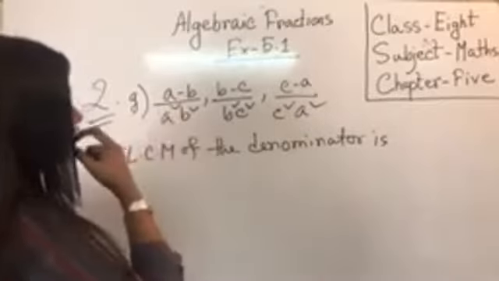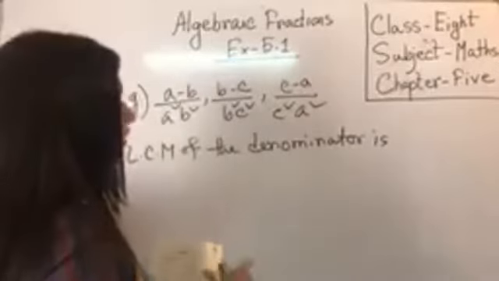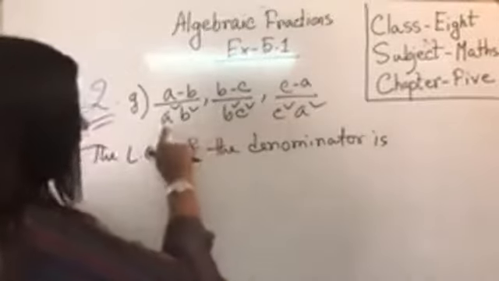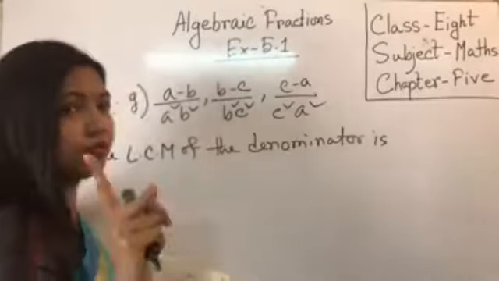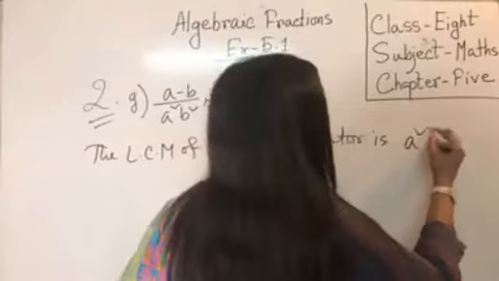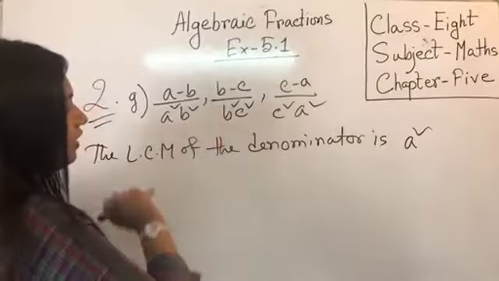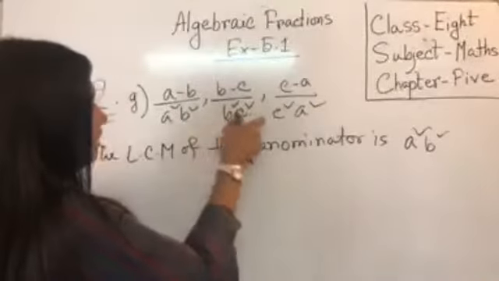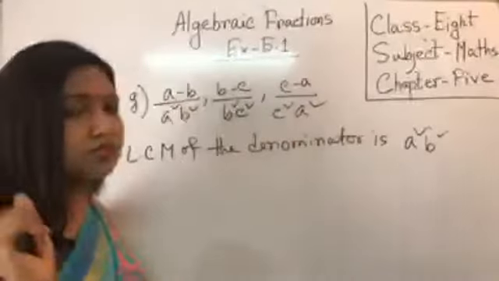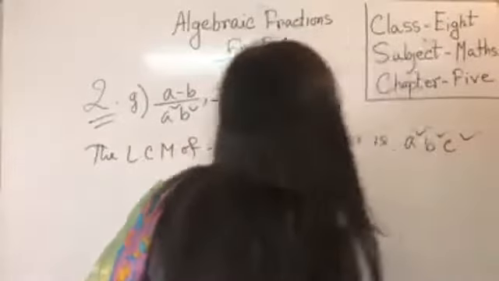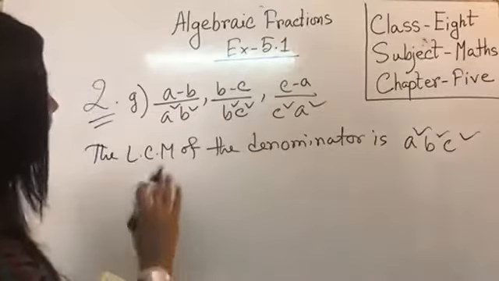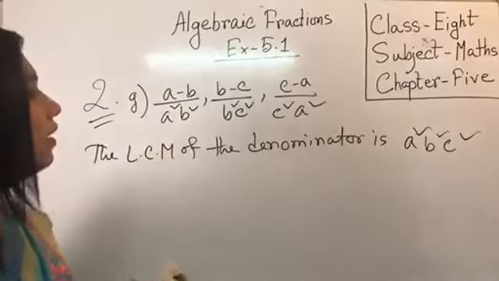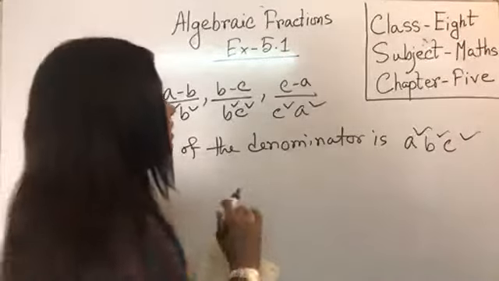In these three fractions, we have to find the common terms. Here is a square and here is also a square, so I take one a square. And b square, I take one b square. And c square is here and here, so we take c square. Now this is the LCM of the denominators of these fractions: a square b square c square is the denominator.